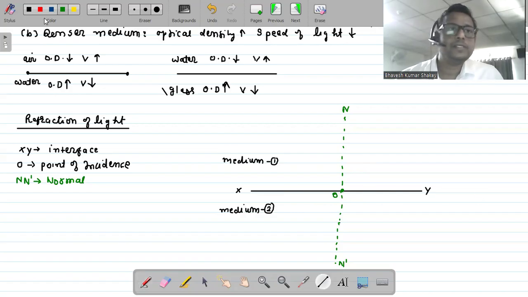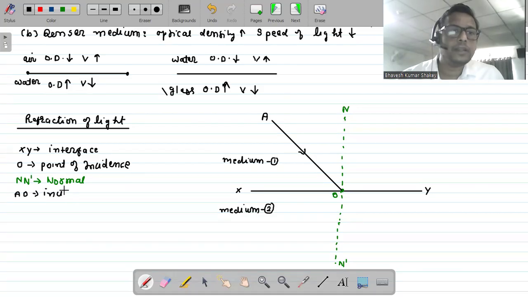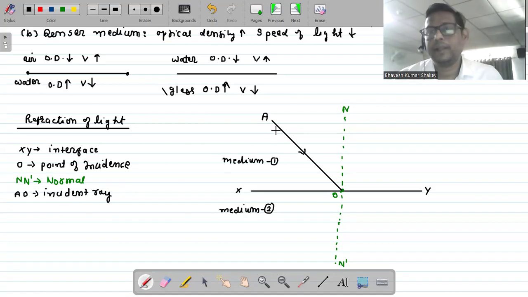Now let's see here. This is the light ray, let's say this is AO. This AO is called the incident ray. How can we define the incident ray? Incident ray is a light ray which falls on an interface at a point of incidence.